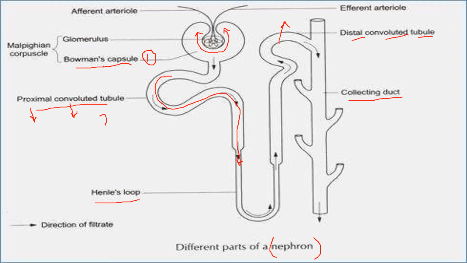The second portion is tubules, and these tubules are of two types: the first is a proximal convoluted tubule, and the second is a distal convoluted tubule. The third portion is the loop of Henle, and the fourth portion is the collecting duct. These are the main ducts or tubules present in the nephron.